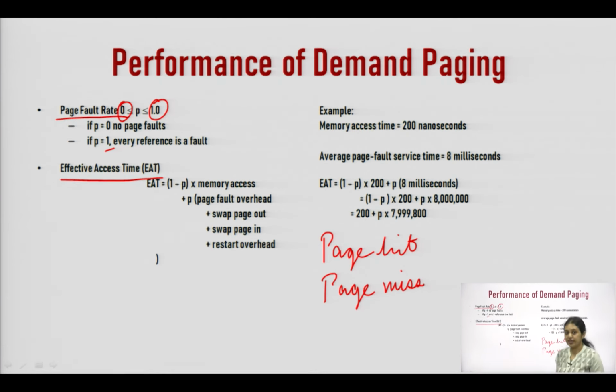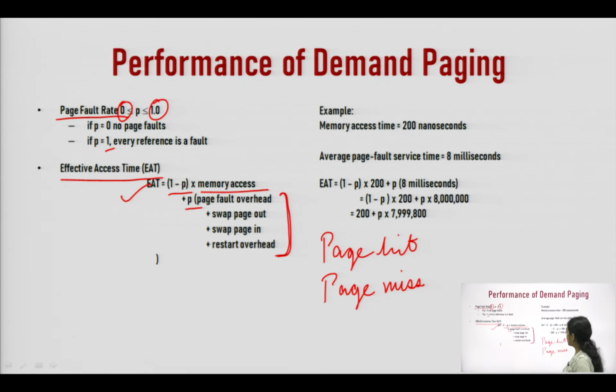The formula is very simple: (1 minus P) times memory access time plus P times the average page fault service time. The average page fault service time is the time taken to swap in, to swap out, to restart the instruction, all the overheads included. By using this formula we can calculate our effective access time.